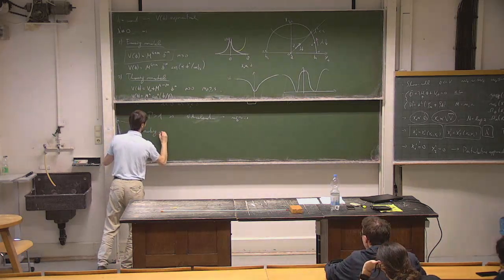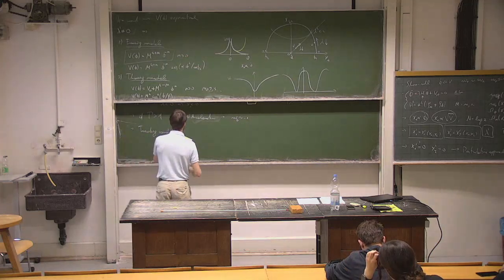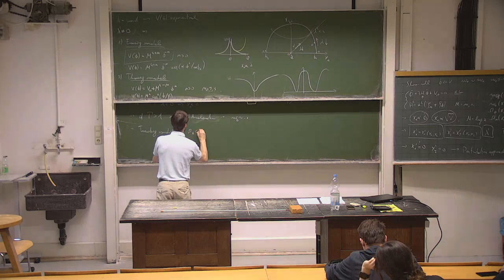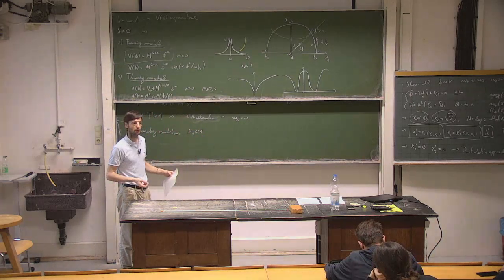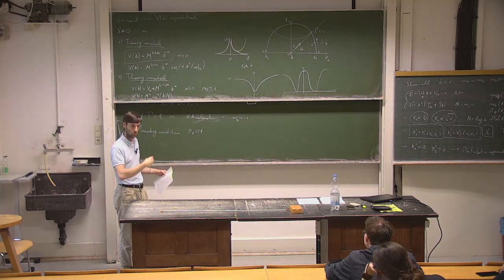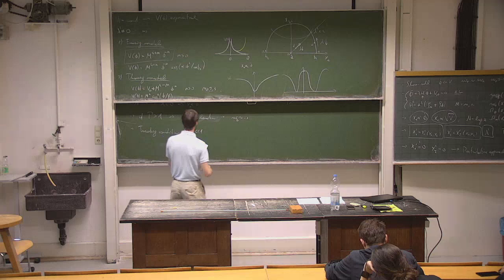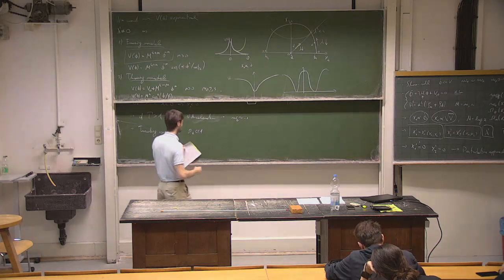Because if we start in a region of the universe where omega phi is much smaller than 1, and we know that this is the case in the past, not in all dark energy models. I need to show you that in the past we could also have the density of dark energy being non-negligible. Okay, this can happen in the past with some models.